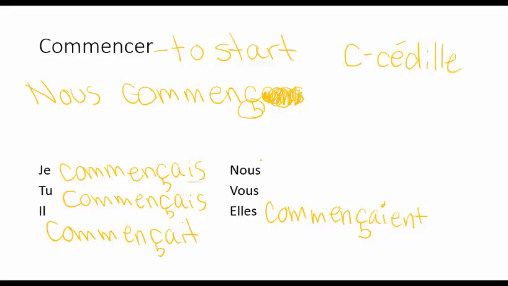The reason that we have it in the first place in nous is so that we have the son sound rather than the con sound. So for je commençais, if we didn't have the cédille there, it'd be commencais, and that changes the sound drastically. So for je, tu, il, and ils, you keep the cédille. For nous and vous, you don't need it anymore.